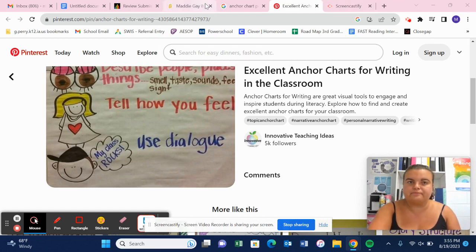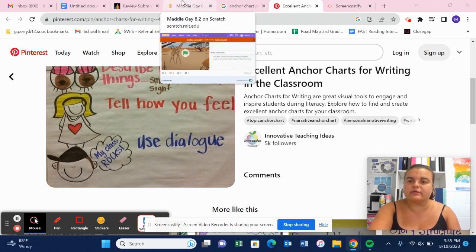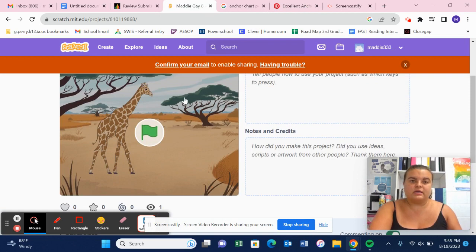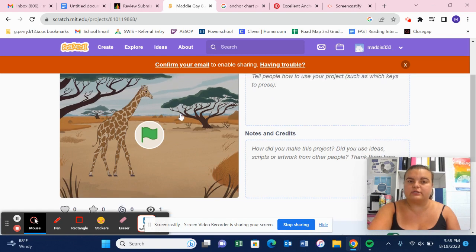And then the last part I want to go over with you guys is this will be at the end of your project. You'll be creating a Scratch project that goes with your personal narrative writing. So I'm going to show you one that I have created on Scratch.